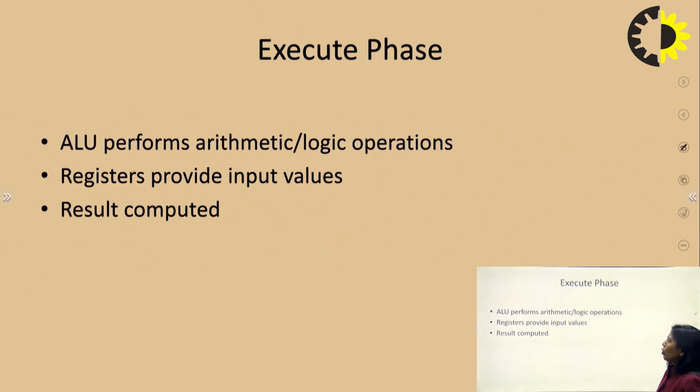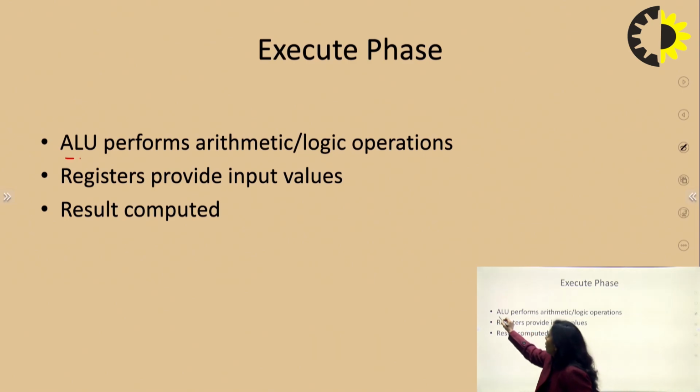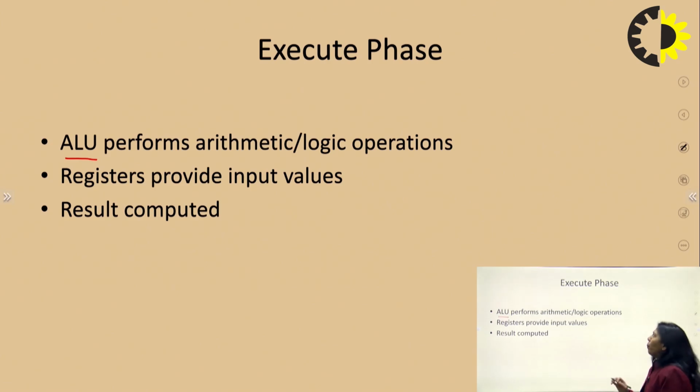In the execution phase, now comes the role of the arithmetic logic unit. The completeness of the arithmetic logic unit lies in the fact that it needs to perform all types of operations. It can be logical, it can be arithmetic.